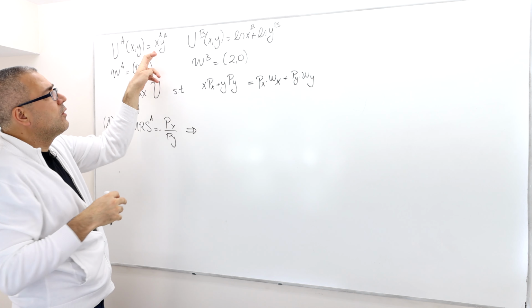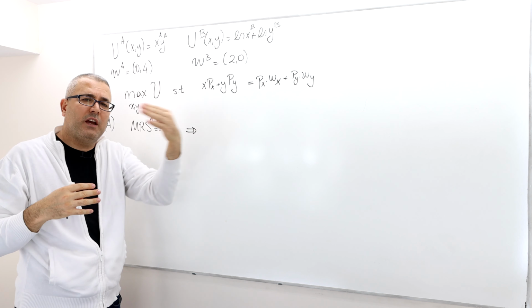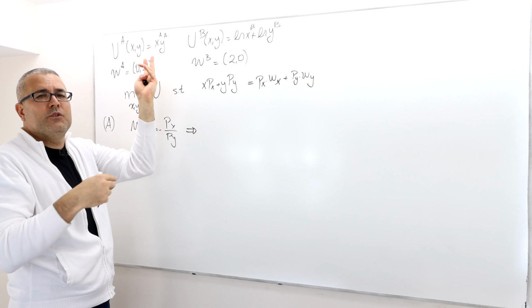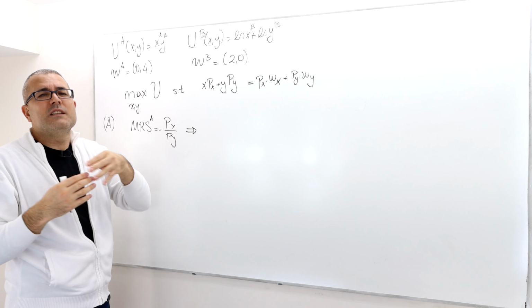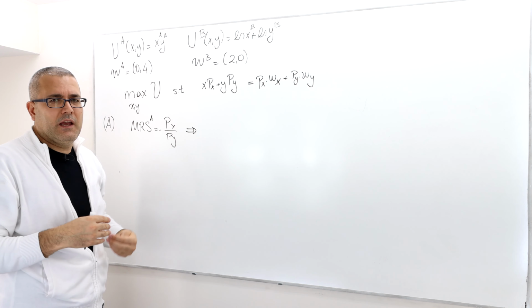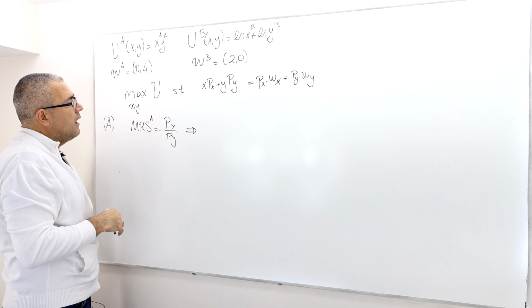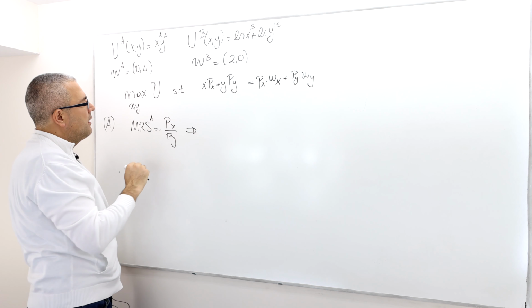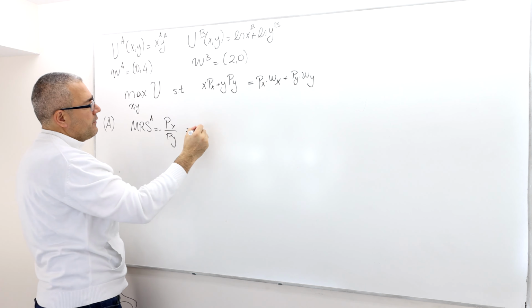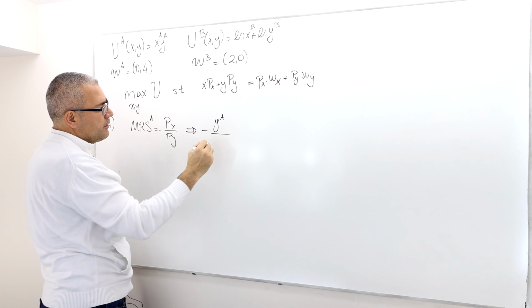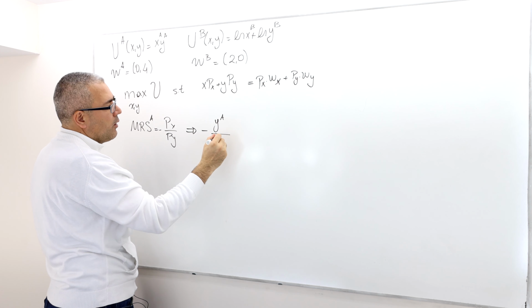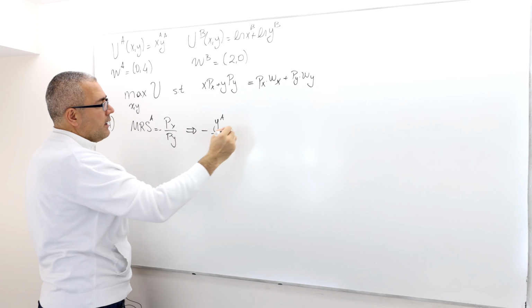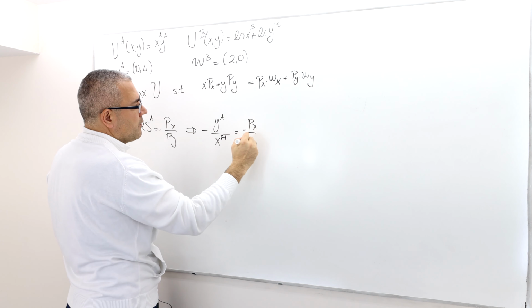Although X denotes consumption of good X, for agent A let's denote it X superscript A. Okay, so what is the marginal rate of substitution of agent A? Minus marginal utility with respect to good X, which is YA, over the marginal utility with respect to good Y, XA, equals minus PX over PY.